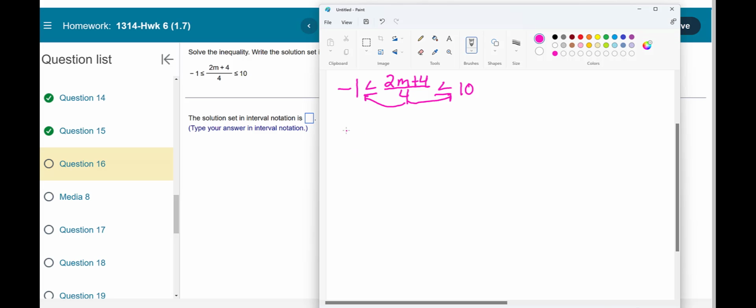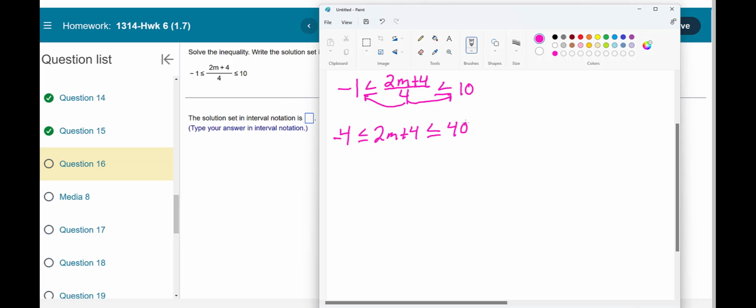So 4 times -1 is going to give us -4. We're going to just bring down our 2m plus 4 now. And then we're going to do the same thing to the other side. 10 times 4 is going to give you 40.